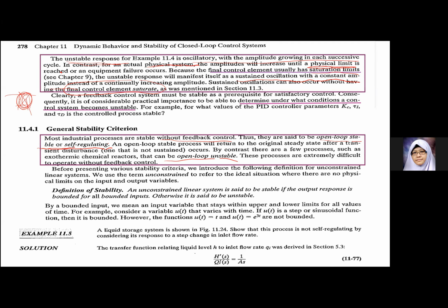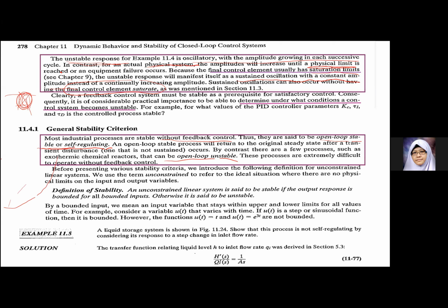It can regulate itself to reach a steady state. Okay, but if a process, let's say an exothermic chemical reactor, has an exothermic reaction, the temperature will continue to increase and increase until it goes up, and the reactor can explode.